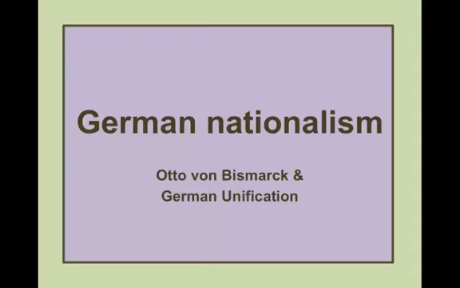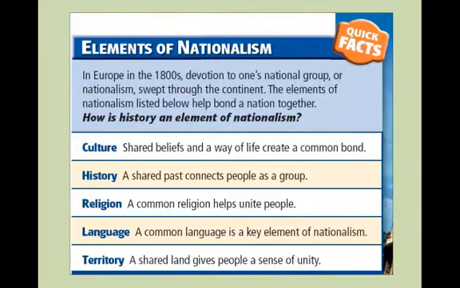So I told you before that this theme of nationalism is possibly the most important one of the 19th century. So let's start with Germany. But first, a review of what nationalism is, right? So nationalism, or a nation of people, isn't necessarily their race or even just their language. Those might be two elements of it, but it's a whole lot of stuff.